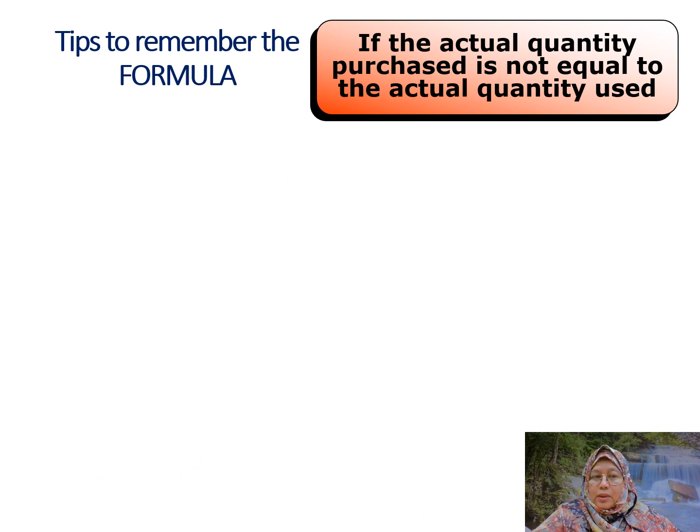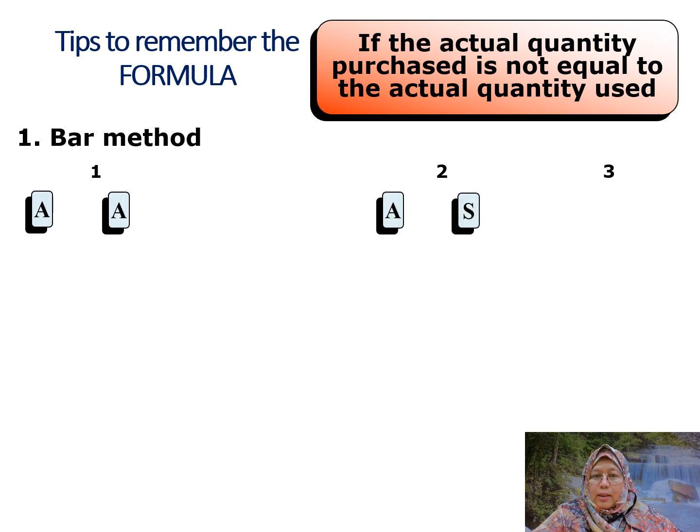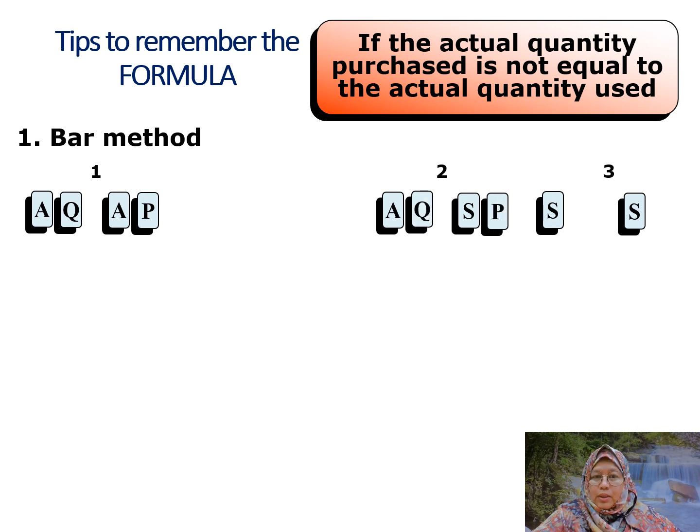Okay, now I will give you tips to remember the formula if the actual quantity purchased is not equal to the actual quantity used. The bar method comprises three groups: A, A, A, S, S, S, Q, P, Q, P, Q, P, and we add the multiply.